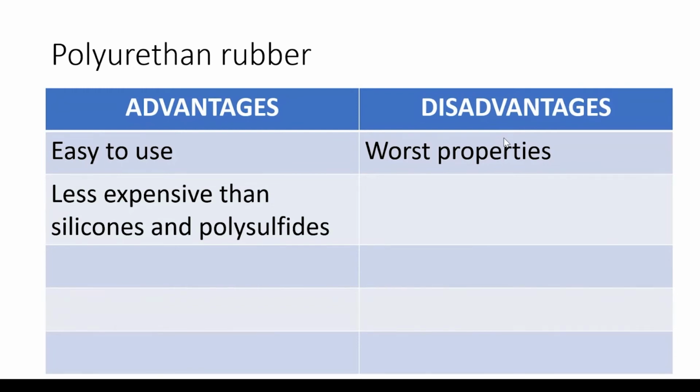The disadvantages of this type of rubber: silicone rubber has the best release properties, while urethane rubber has the worst release properties and will adhere to just about anything. It also has a limited shelf life after opening. Remaining product may be affected by ambient moisture in the air.